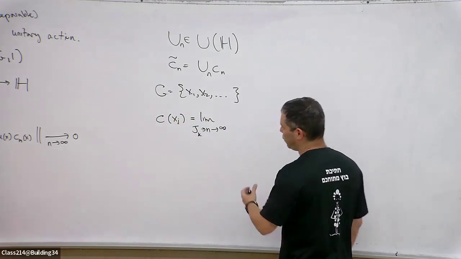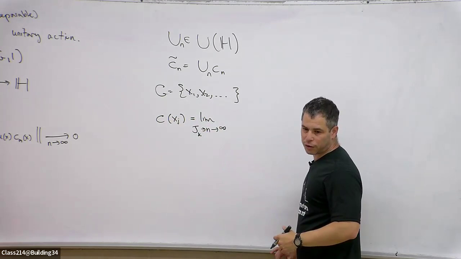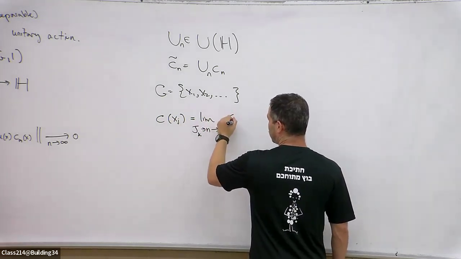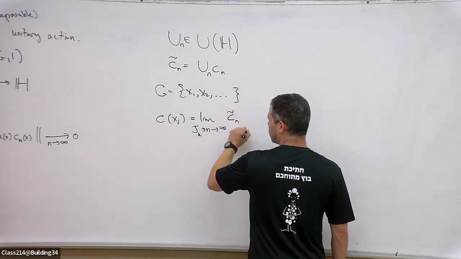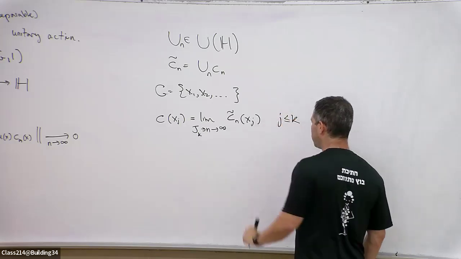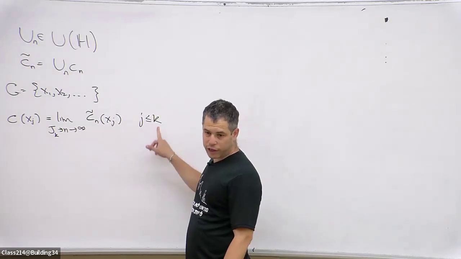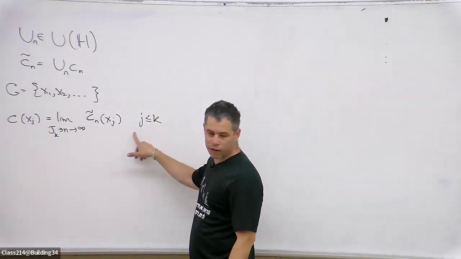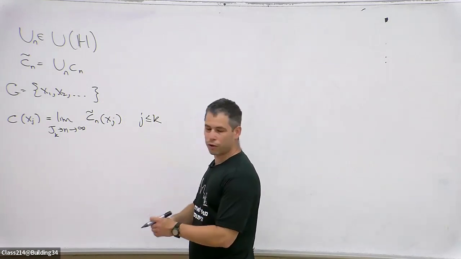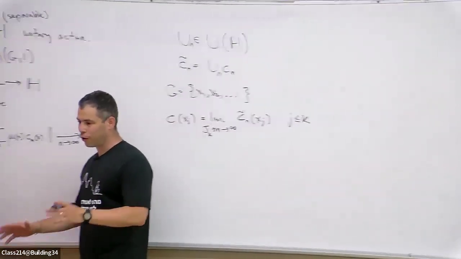Jk was an infinite set, the kth refinement of our sequence, and this was the limit of the vectors Cn tilde of xj, and this holds for every j less than or equal to k. So if you want to converge on j, you have to go to a refinement which is at least j. For every fixed point that you want to converge on, you have to go far enough, but there's no one thing that converges for all the points.